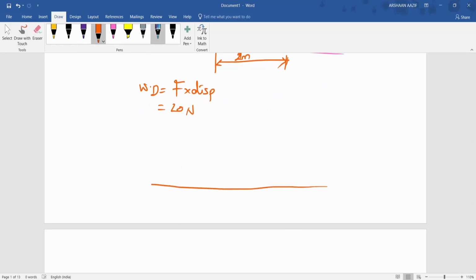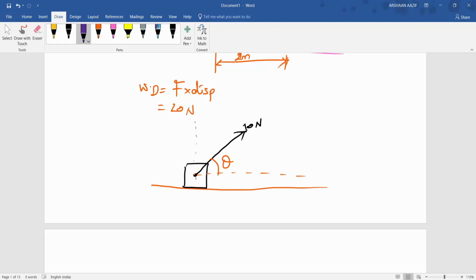I have a horizontal surface over which I have a body. This experiences a force of the same 10 Newton, but instead of acting along the x-axis, here it acts at an angle theta. To understand this, you can try doing this activity.